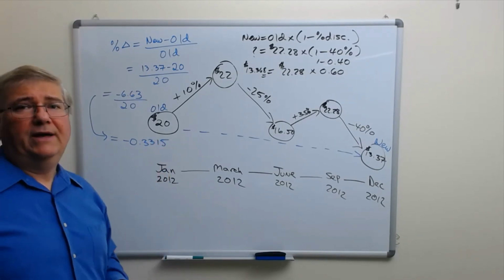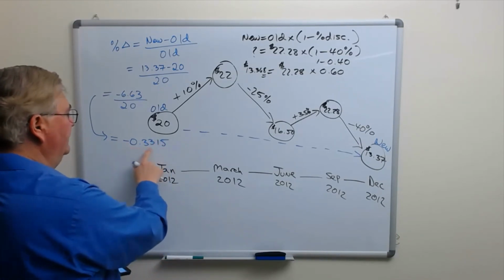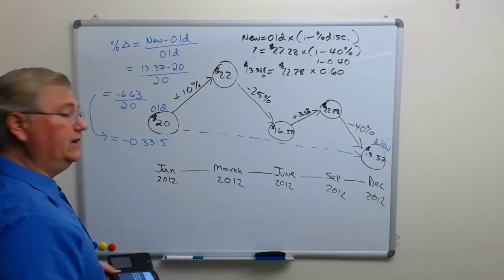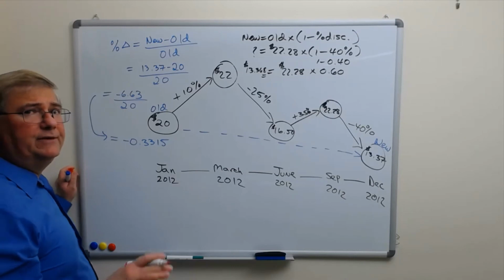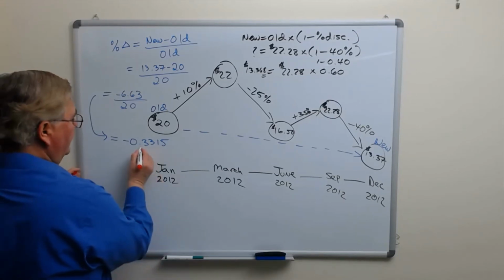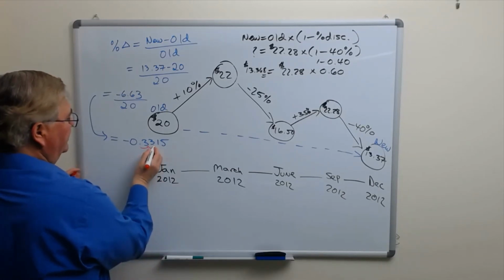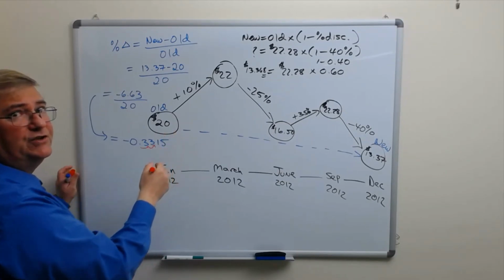Okay, so we have a negative decimal here, and we have to convert this into a percentage. And remember, to convert from a decimal to a percentage, we slide the decimal over 2 spaces to the right and tack on the percentage symbol.